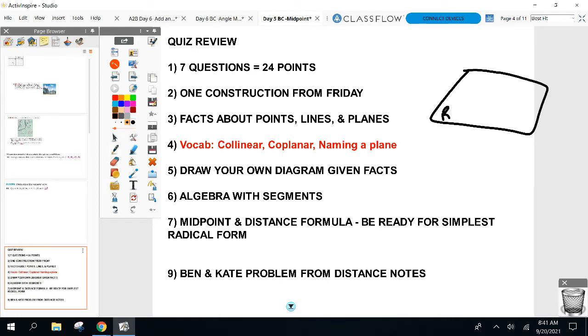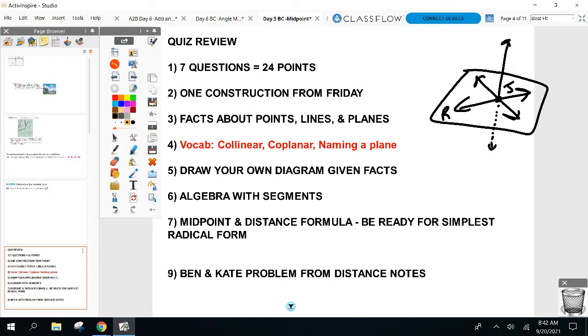On that plane, I have 3 lines that intersect at point J, but not all 3 lines are on the plane. So there you go. All right, so I will give you a couple facts about the diagram. I want the diagram drawn for me.